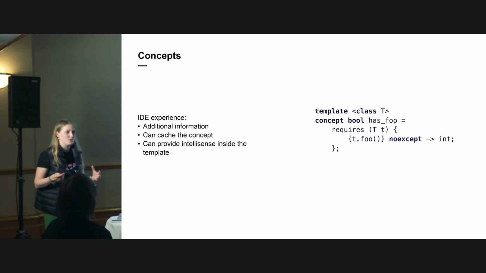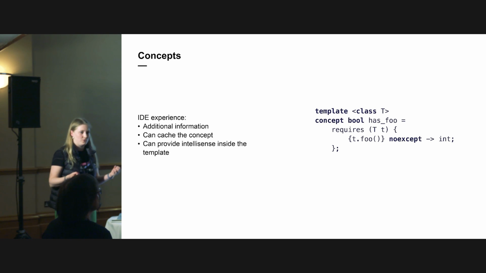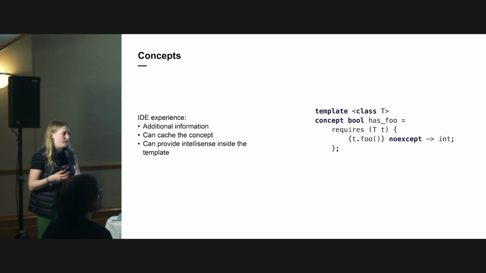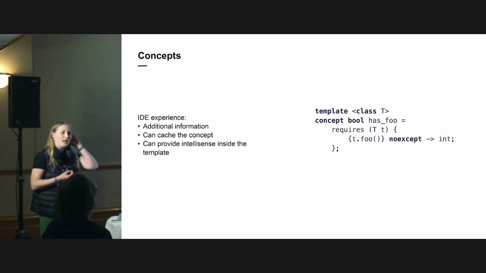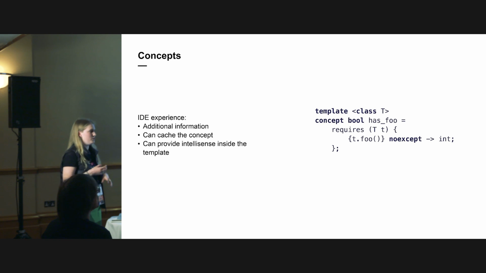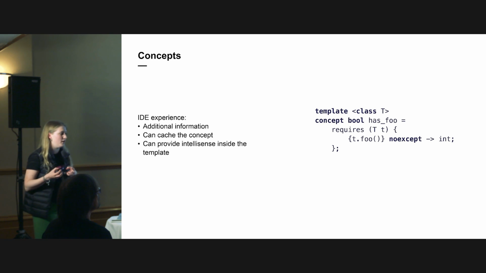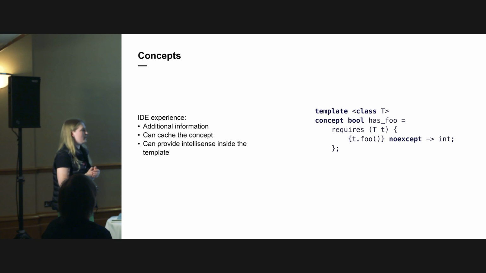So while you're writing code inside the template, we know nothing about what you are using there, at least in the general sense, and that means we could not provide you any help or support. So no code completion, nothing smart for these template arguments.